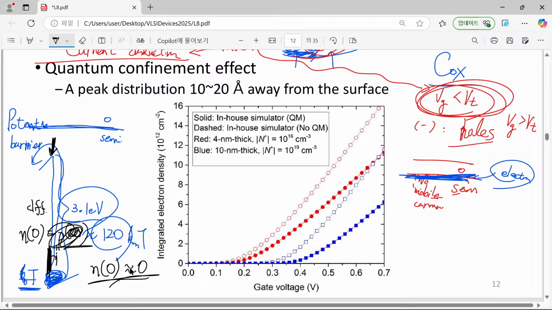So please have a look at this one. Here you have a red line, but this is empty, and this one is also a red line, but that is filled. And what is the difference? When we consider this effect, electrons cannot exactly attach to the potential wall, the potential barrier, and then you have this difference.